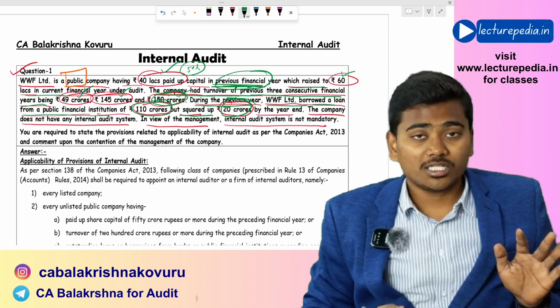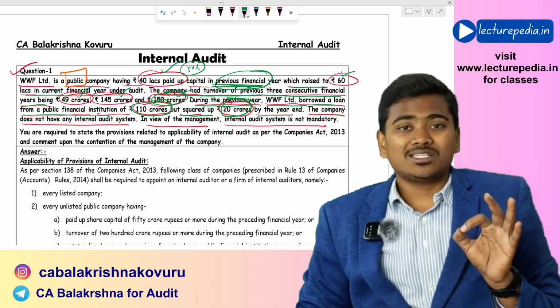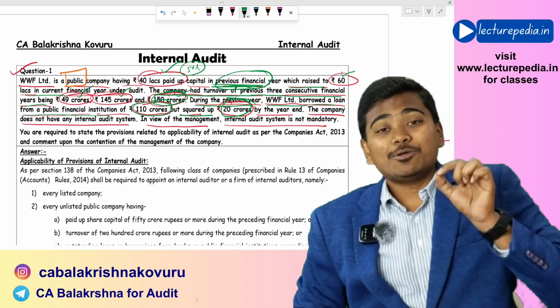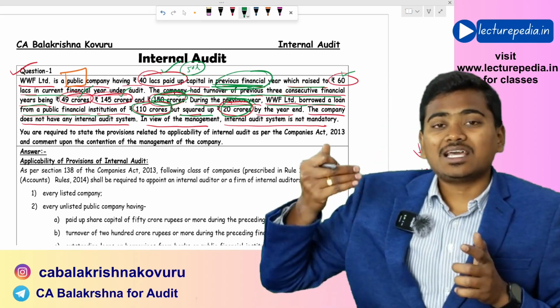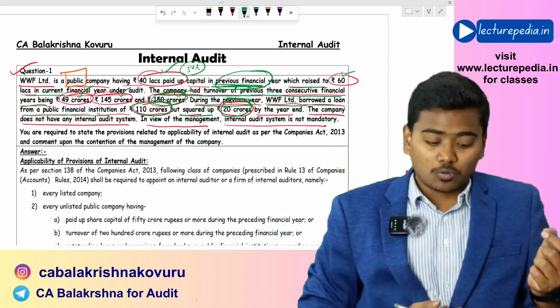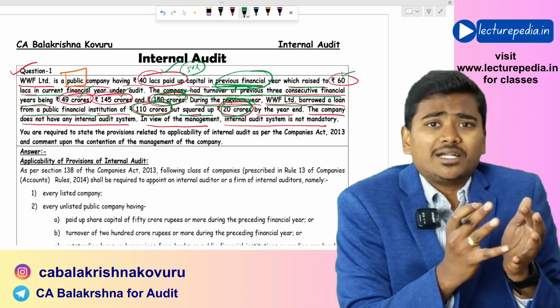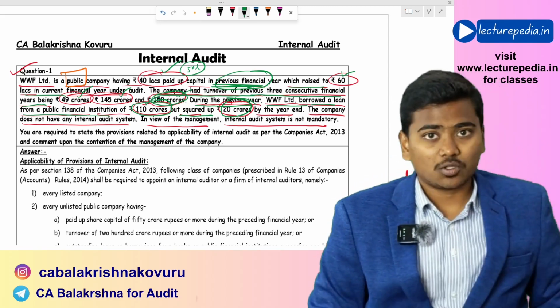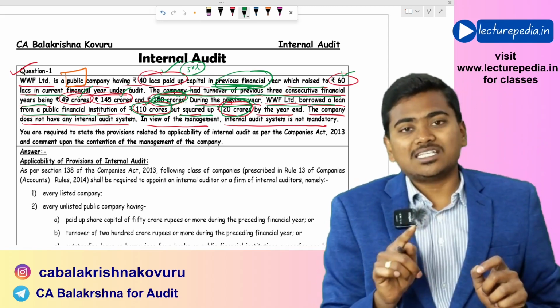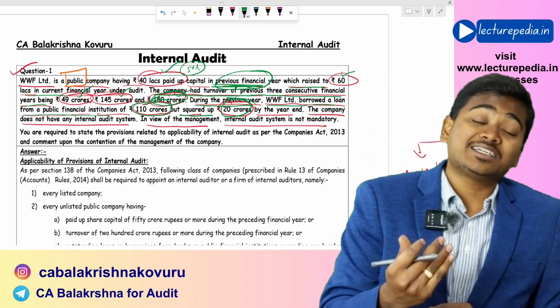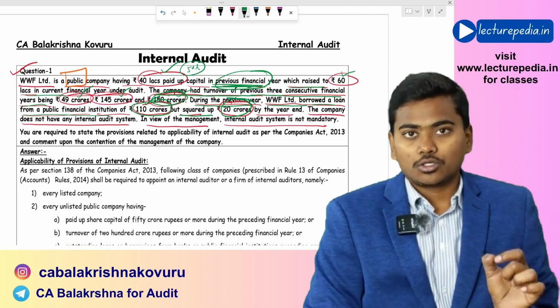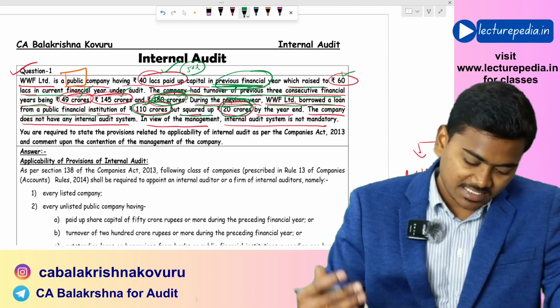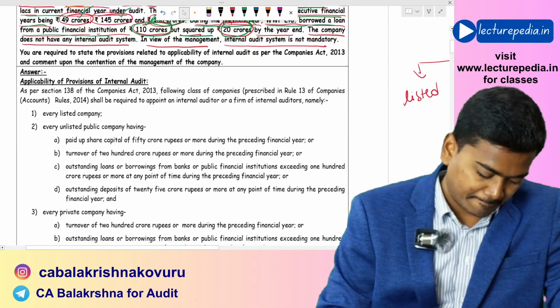But what I have told you with regard to borrowings is you need to check at any point of time during the year, not at the end of the financial year. So at one particular point of time, borrowings of the entity is 110 crore, so 100 crores is being crossed, so internal audit will be applicable to our WWF Limited. That is the conclusion that you can make.